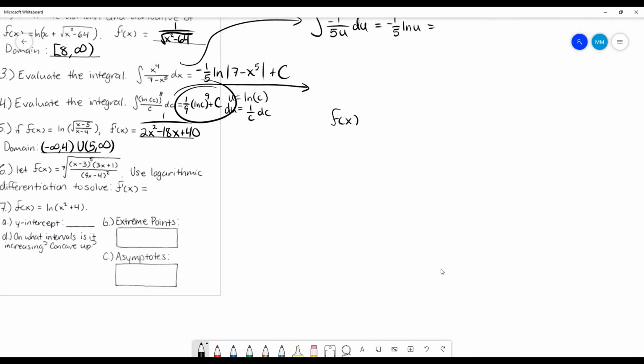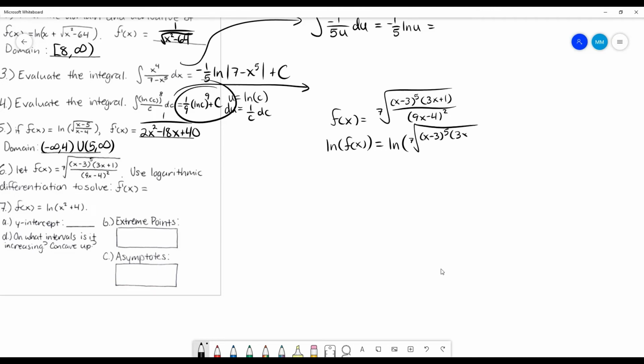So f of x equals the 7th root of this over this here. If I take the natural log of both sides, I'm going to get that the natural log of f of x equals the natural log of this 7th root of all of this in here.